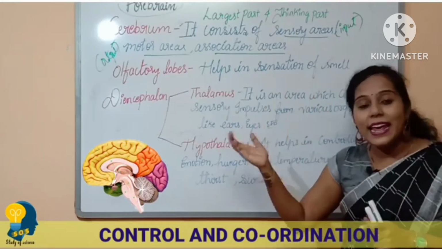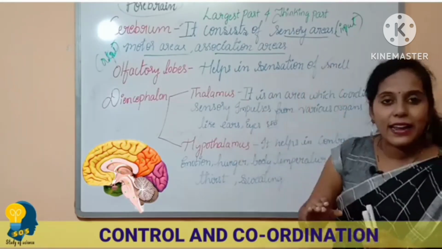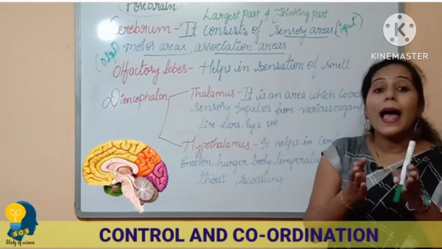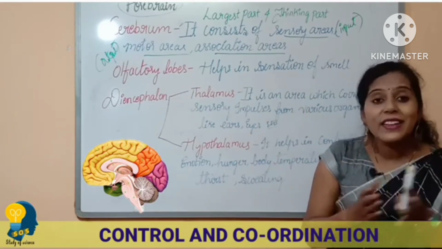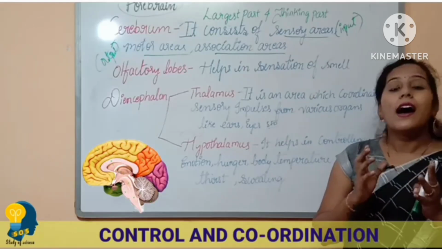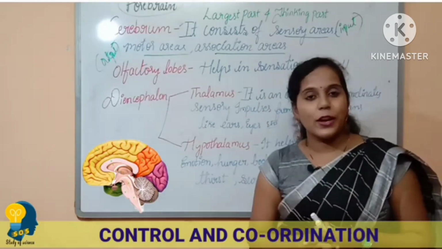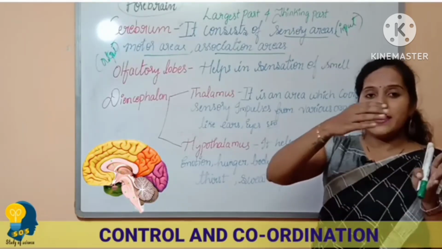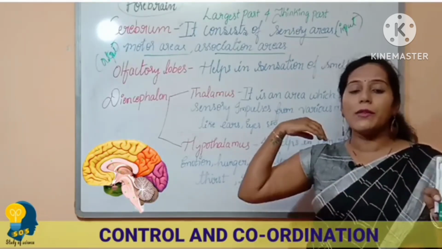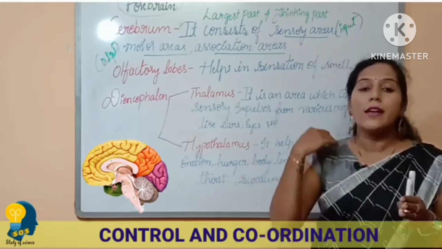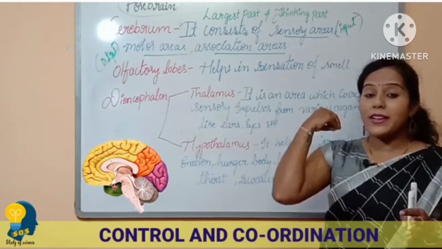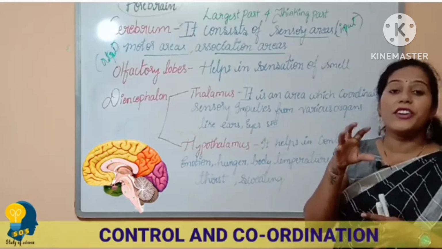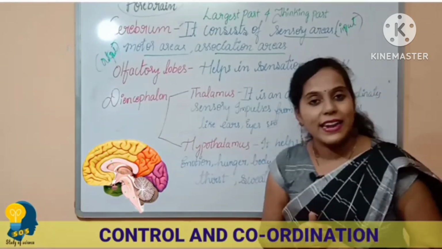Both the sensory areas and the motor areas have some collaboration, and that association happens with the association areas. It judges the sensation that comes inside and the messages that go outside our brain.